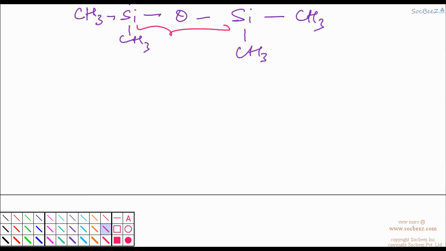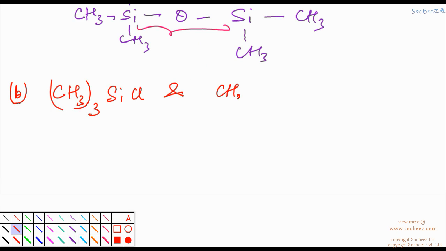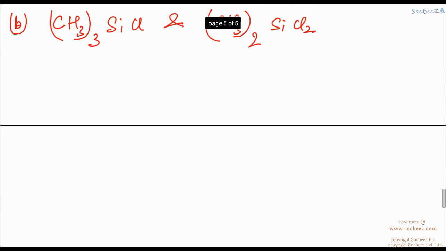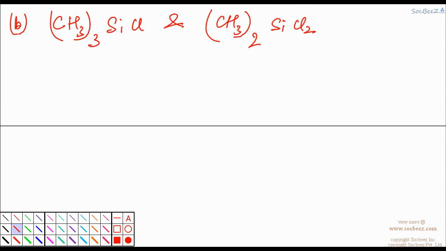Now the second is the hydrolysis of a mixture of (CH3)3SiCl and (CH3)2SiCl2.